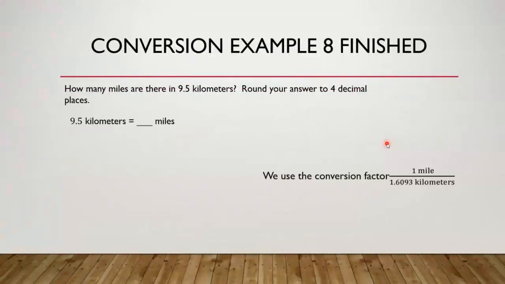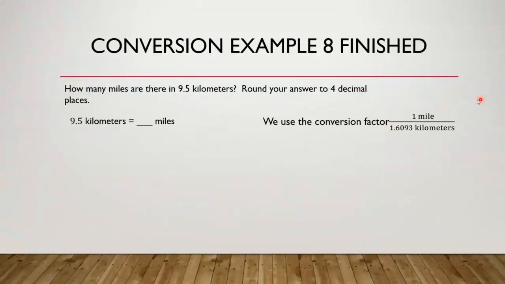Let me get to it. Here we go. So we're going to have this conversion factor we use, and we just multiply. Okay. So when we multiply, right, the kilometers, that's up here, it's down here, so they're going to cancel.